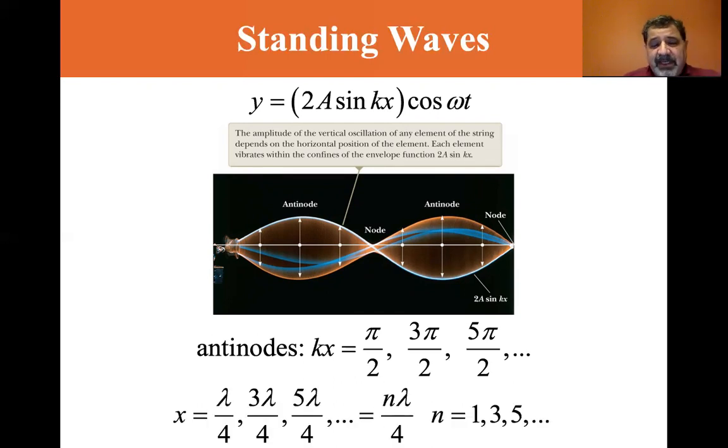The first one is like 90 degrees. So x is equal to lambda over 4, 3 lambda over 4, 5 lambda over 4. So x is equal to n lambda over 4, where n is equal to 1, 3, 5, the odds.